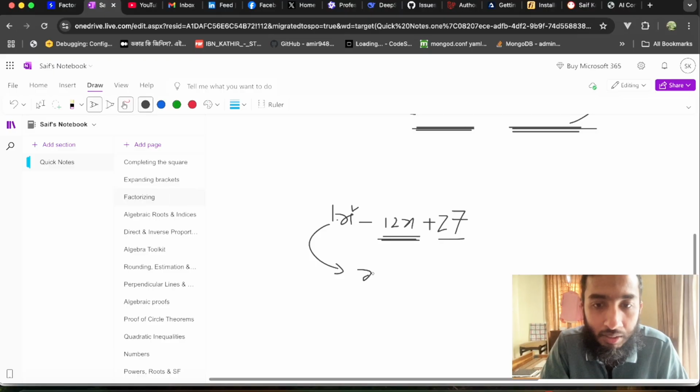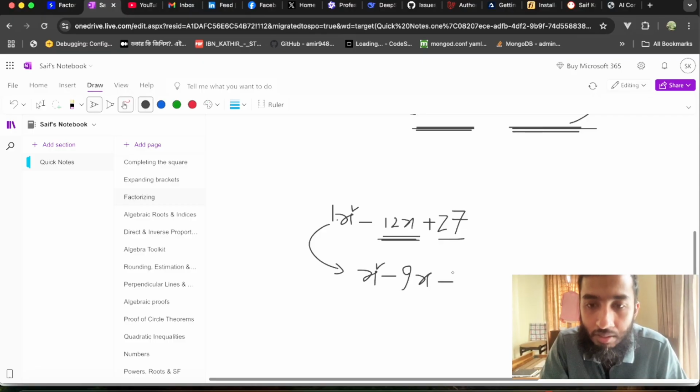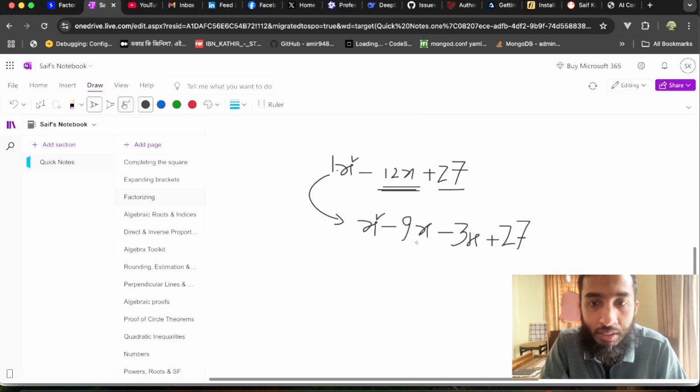So how can I deconstruct the middle term? I can write minus 12x as minus 9x minus 3x, because 9 multiplied by 3 is 27. So x squared minus 9x minus 3x plus 27 is x squared minus 12x plus 27.